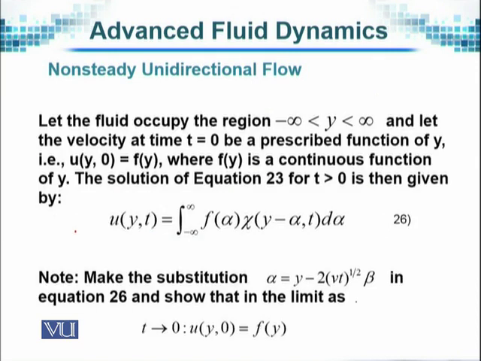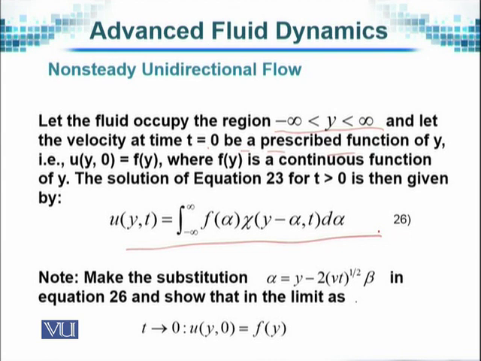And if the fluid occupies the region from minus infinity to plus infinity, as we have defined earlier, and we allow the velocity at time t equal to 0 to be a prescribed function of y, then u of y will be some function of y. And we can write it in this form.